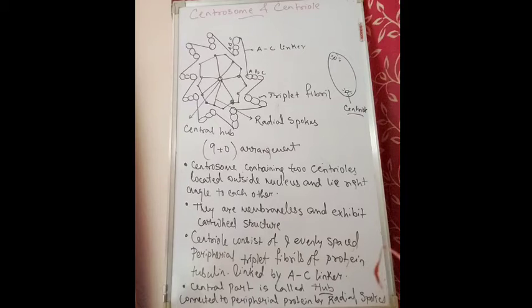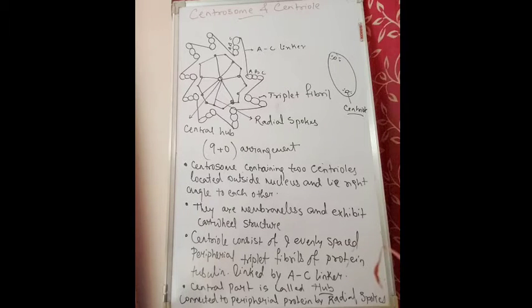The hub is connected to the periphery through the radial spokes, which are also proteinaceous in nature. And the centriole is always a self-duplicating unit. The centriole can replicate by itself.